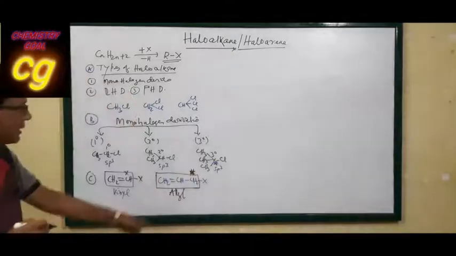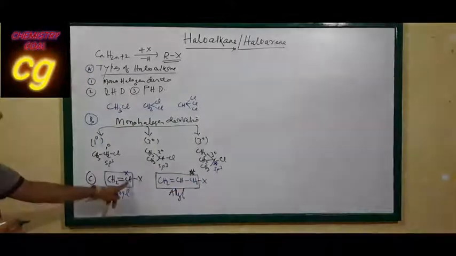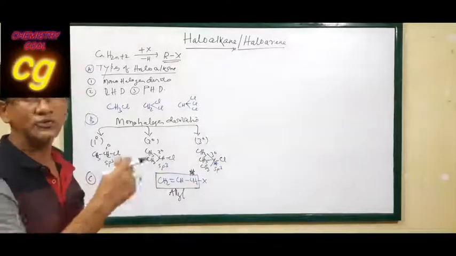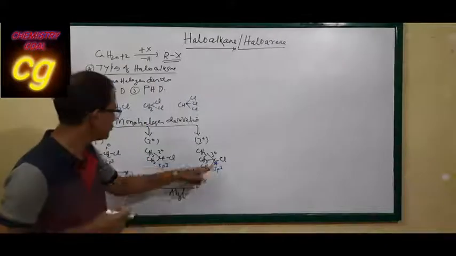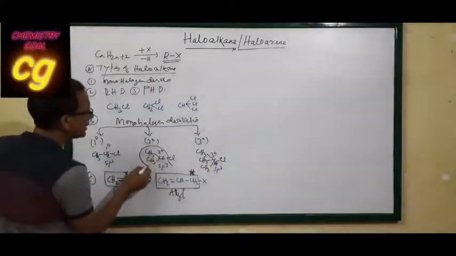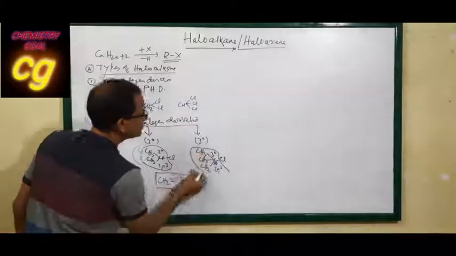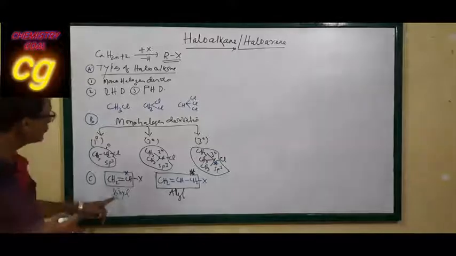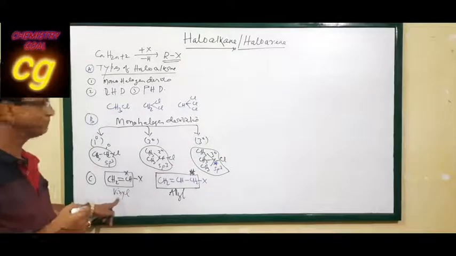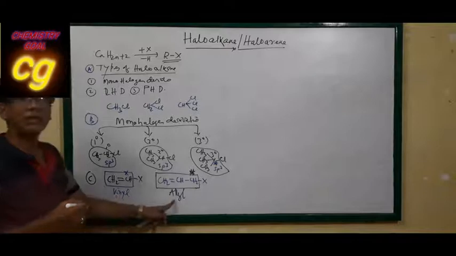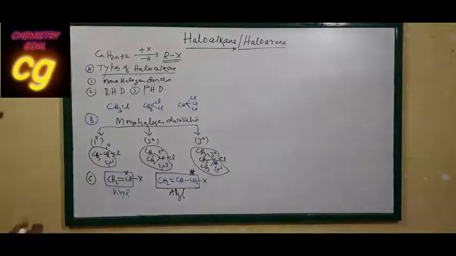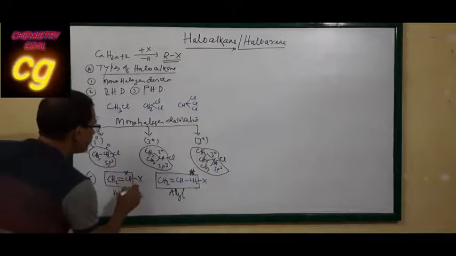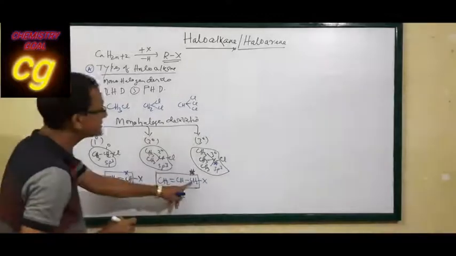You have to remember, this carbon is called the allylic carbon, this carbon is the vinylic carbon, and these carbons are alkyl. Halogen is attached to an alkyl group. This is one alkyl group, this is also an alkyl group. But this group is unsaturated, that's why it is called vinyl. This is called allyl. And if you see the hybridization, here it is sp, this is sp2, and this is sp3.